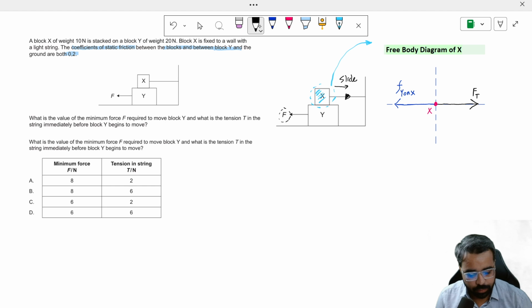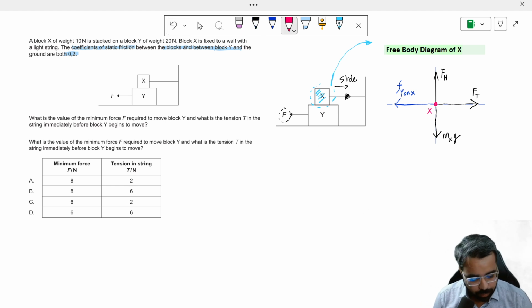What are the other forces? One force exerted by Y is the normal force, and the same amount of force is the weight, say mxg, the weight of the block X, which is balanced with the normal force.